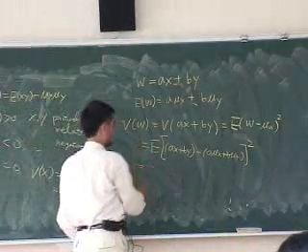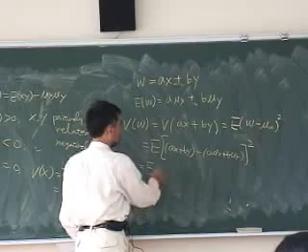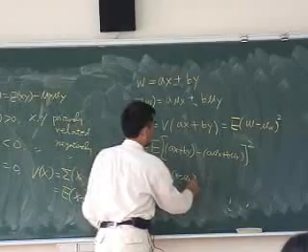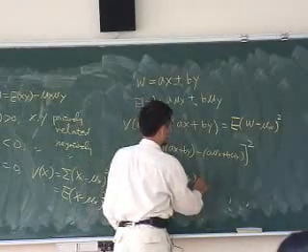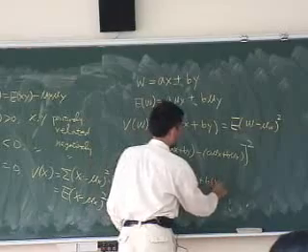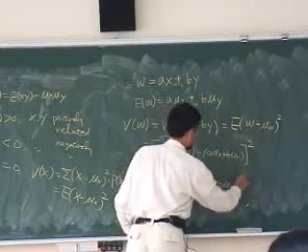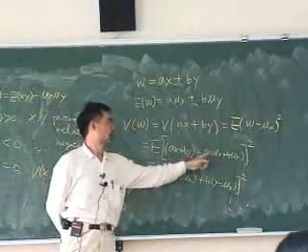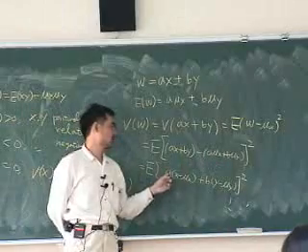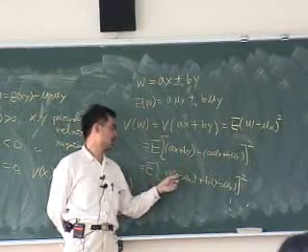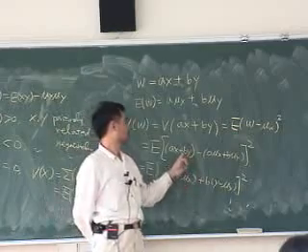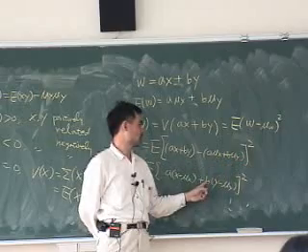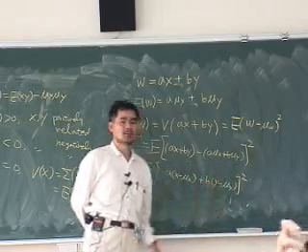Okay, let us try expectation of (A(X minus mu X) plus B(Y minus mu Y)) squared. Any question? So we have AX, A mu X, we get A out, so A times (X minus mu X). We have BY, B mu Y, so we have B out and (Y minus mu Y). Questions?